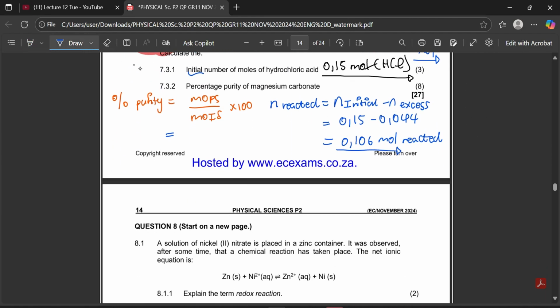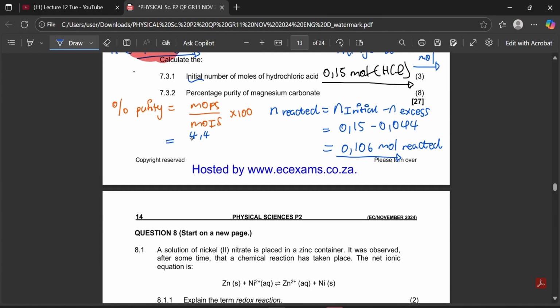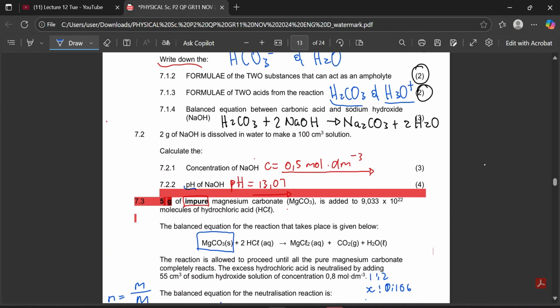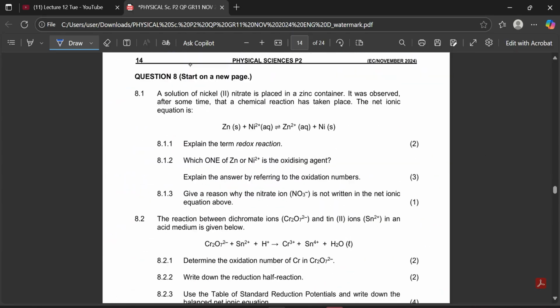So we take 4.452 divided by 5 times 100, and I get my answer as 89.04%. That is then my percentage purity of magnesium carbonate. Okay, so that was a very enjoyable question, and you have gotten yourself full 27 marks.